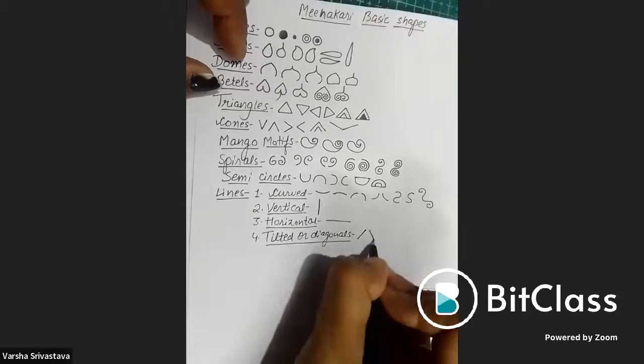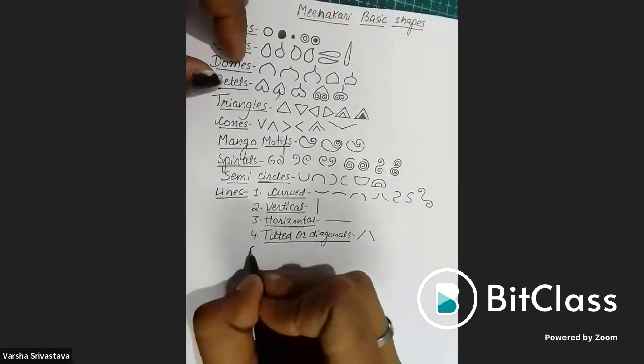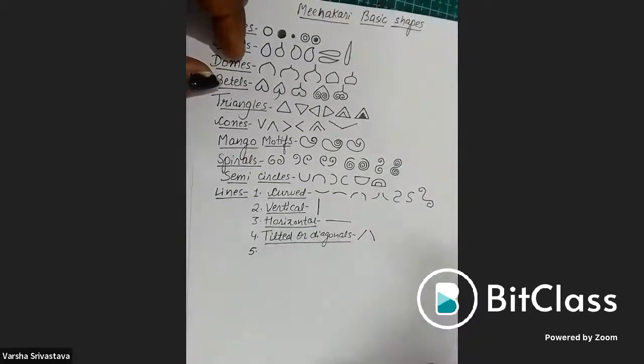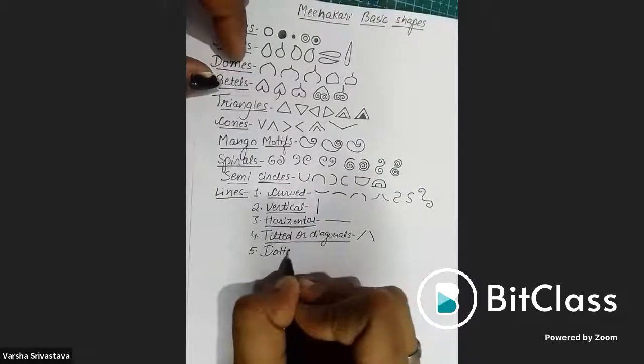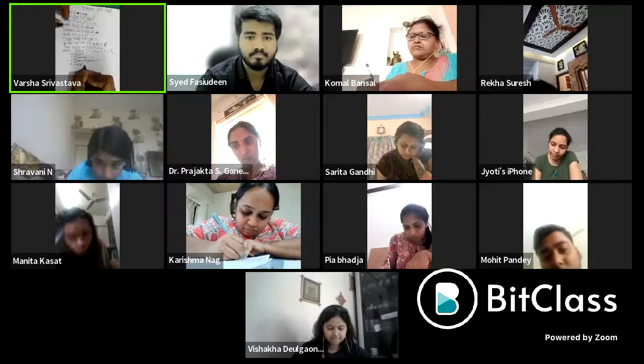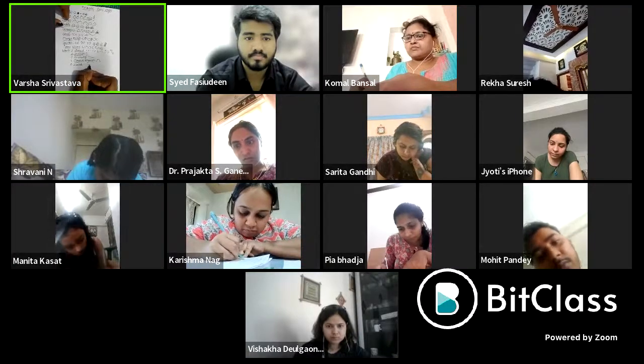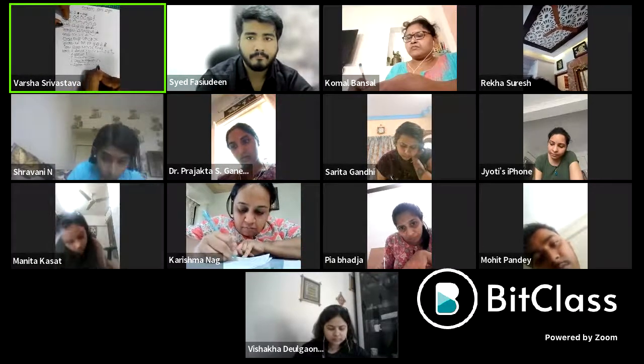Like this. Fifth one, dotted lines. I'm making the dots which are close to each other. And I'm making the dots which are far from each other.